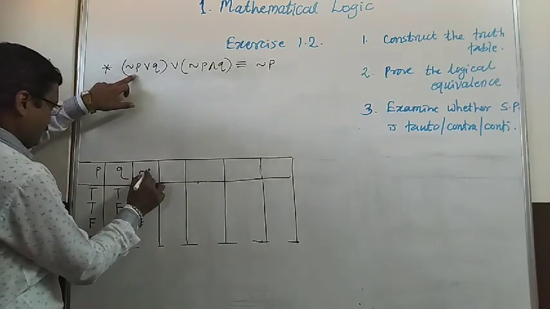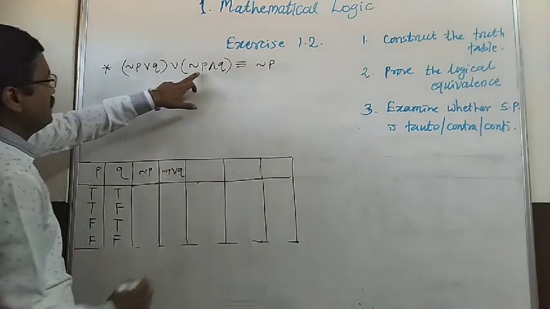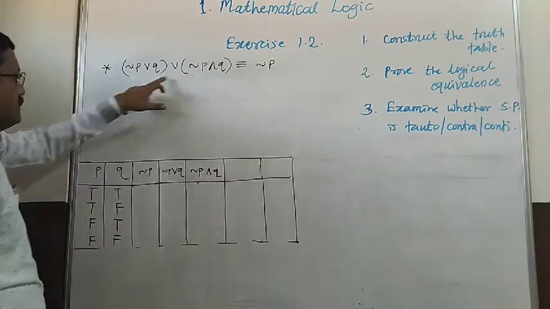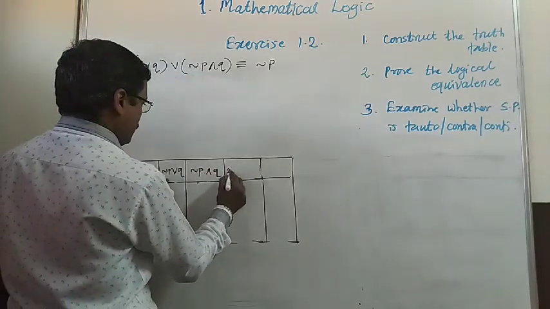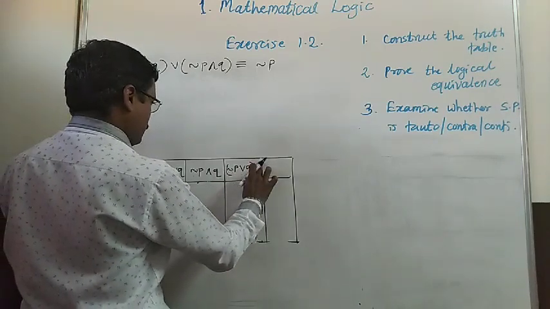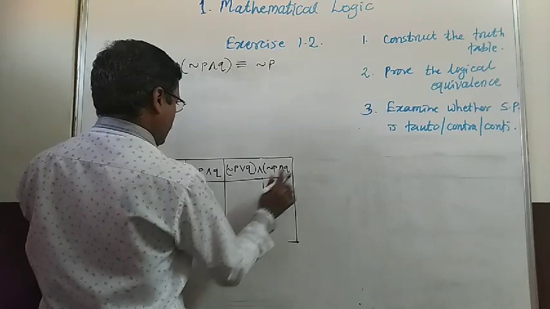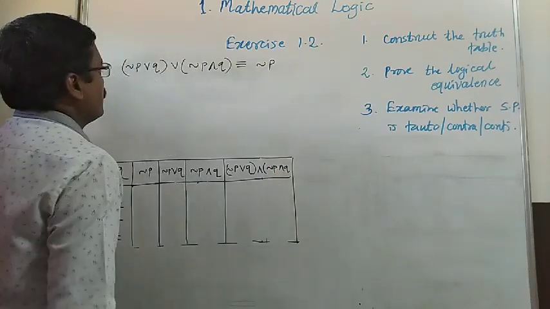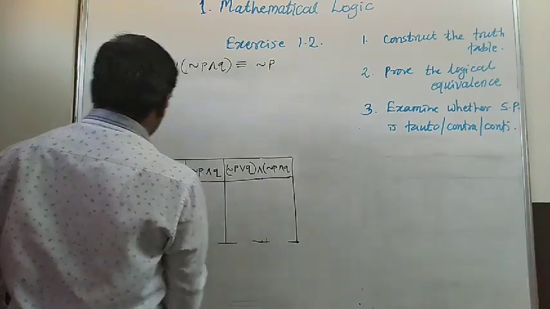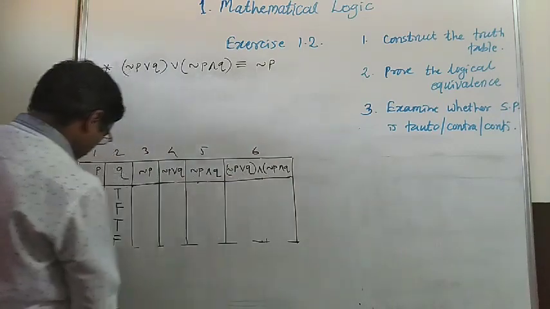We need negation of P, then negation of P or Q, negation of P and negation of Q, and the conjunction of these two, that is, negation of P or Q and negation of P and Q. The negation of P is already there. So we need these 6 columns only.